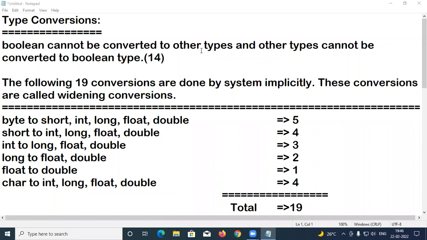So for the 56 type conversions, 3 code snippets I'll explain, and the remaining 53 you can answer. It is possible. Just first write these notes. After that I'll explain.